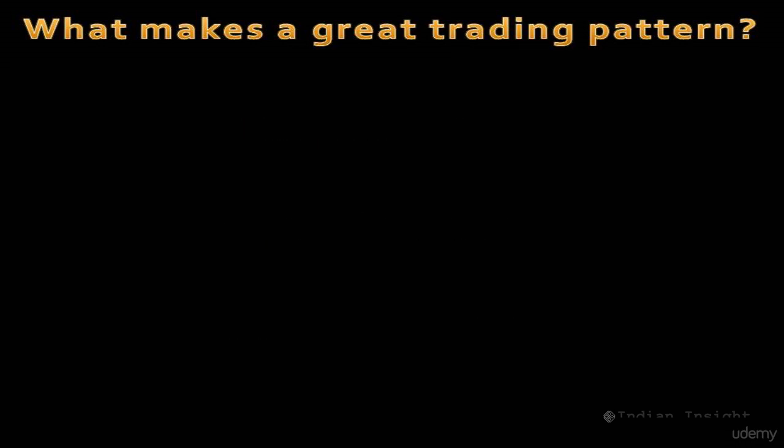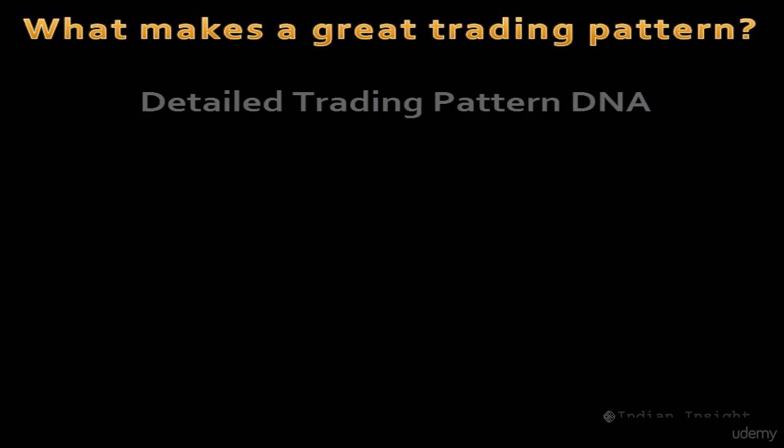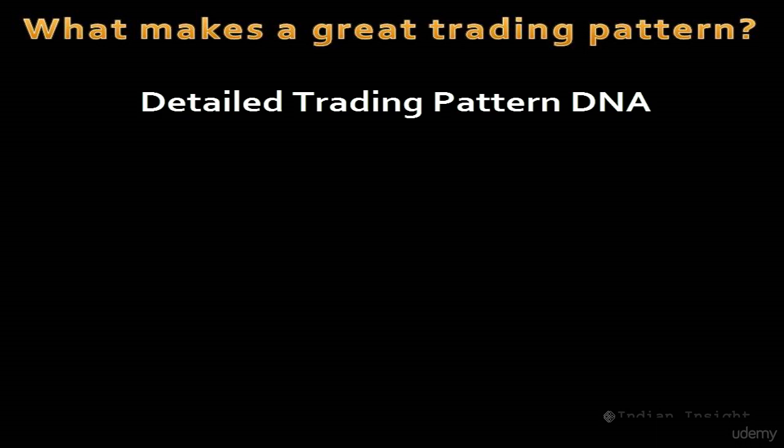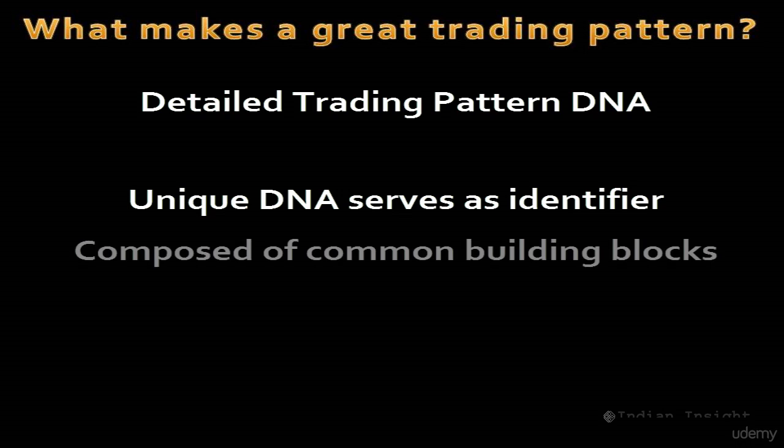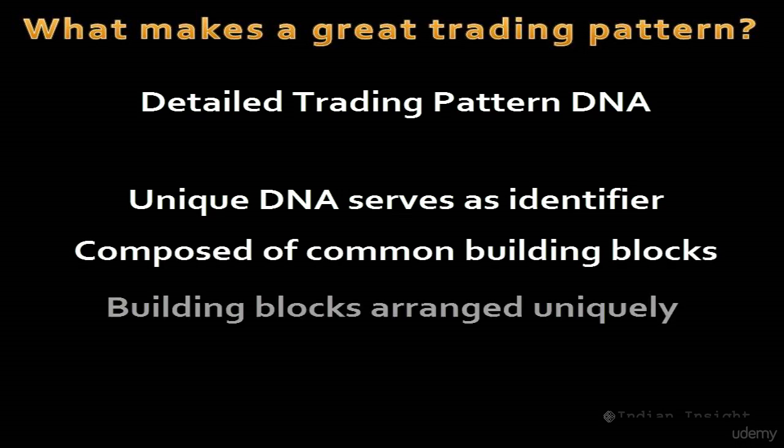Now, the first important characteristic of a great trading pattern is that it should have a detailed trading pattern DNA. As you might be aware, every human being has a unique DNA that identifies them. The DNA may be composed of building blocks common to all individuals, but the pattern in which this is arranged is unique.